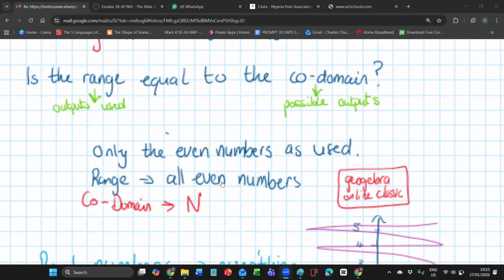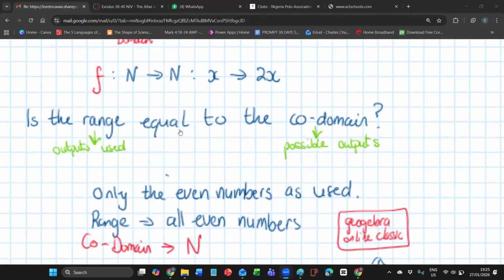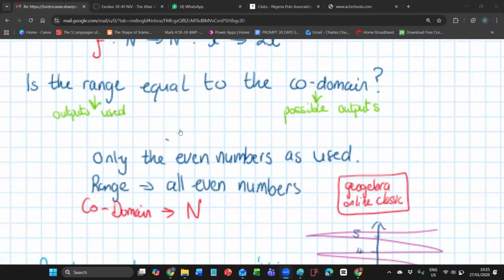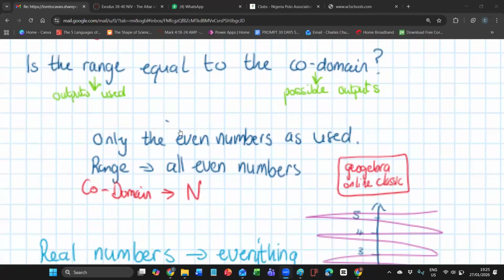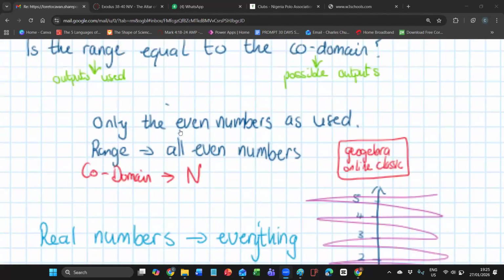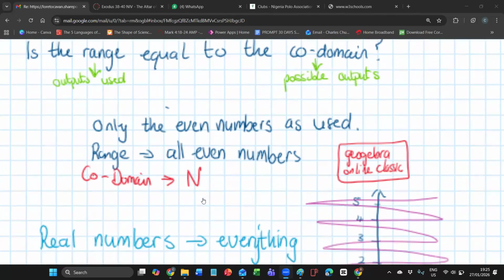Okay, so let's see. Let me just see if we can consider this particular question. Is the range equal to the codomain? Of course, for this particular example of x being mapped to 2x, the range is not equal to it. Why? Because it excludes odd numbers. So it can't be equal to the whole codomain, which is the possible outputs, if it's natural numbers to natural numbers.